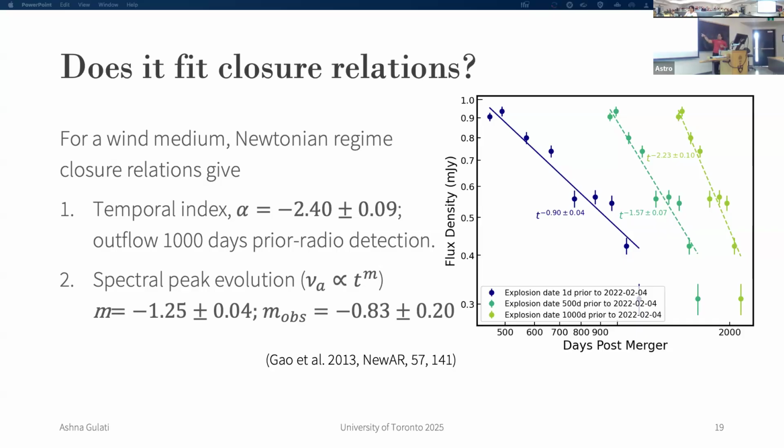The calculated temporal index is very consistent with an outflow launch date of around 1,000 days prior to the first radio detection. Early on, I also said something about the spectral peak evolution being really slow, but it is quite consistent in this regime, the wind medium Newtonian regime. So it does fit closure relations.